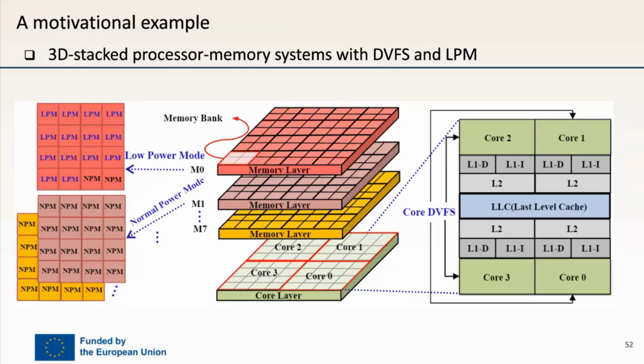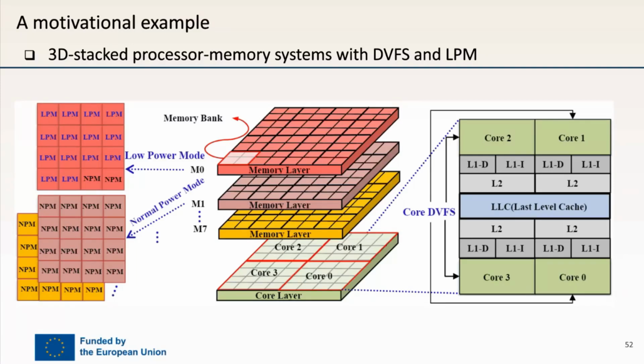We have two scenarios. In scenario 1, we just let the core run at 4.7 gigahertz without placing any memory bank into the low power mode. In scenario 2, we put the first 14 memory banks into the low power mode, and we set the core frequency to 4 gigahertz.